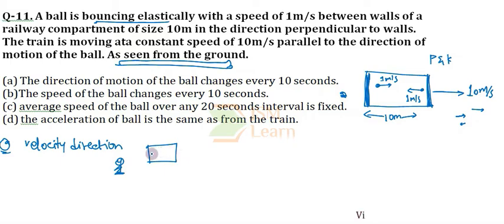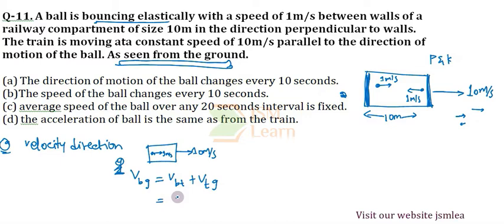When the person standing on the ground observes this ball, the ball is moving with 1 meter per second velocity in the right direction, and the train is moving with 10 meters per second velocity. Then the velocity of the ball with respect to the person standing on the ground becomes velocity of ball with respect to train plus velocity of train with respect to ground.